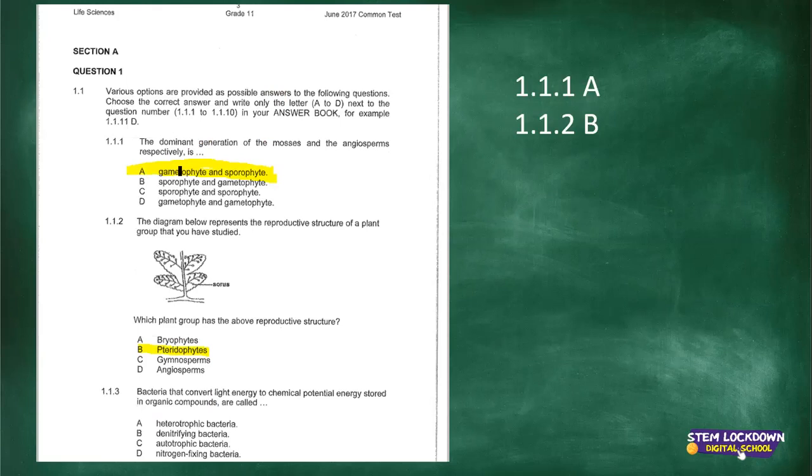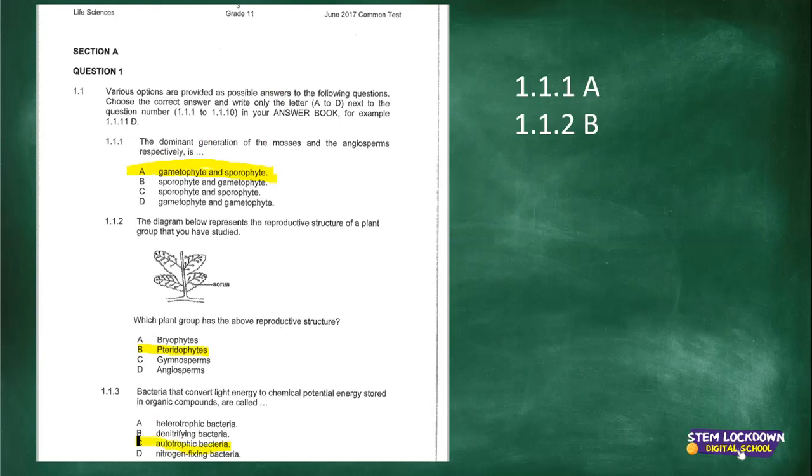And then now 1.1.3. Bacteria that convert light energy to chemical potential energy stored in organic compounds are called? Good, Buhle. Those ones are called autotrophic bacteria. Why? Auto is telling you. These ones are producers. They produce their own food here.